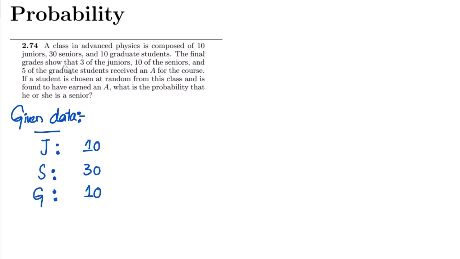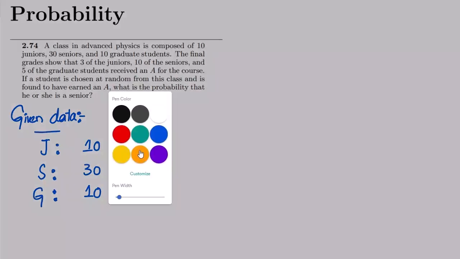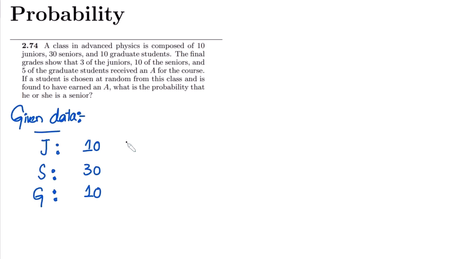The final grades show that 3 of the junior students, 10 of the seniors and 5 of the graduate students receive an A for the course. So let me write the course data here. 3 of the juniors, 10 of the seniors, and similarly 5 of the graduate students have received an A grade.